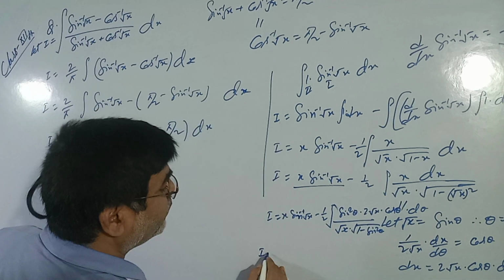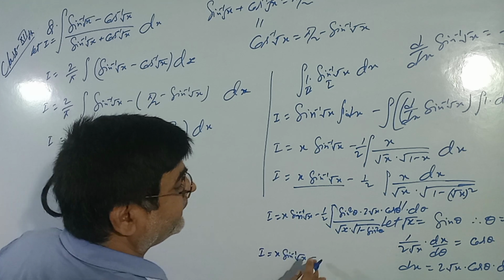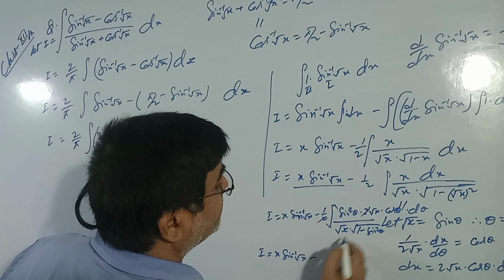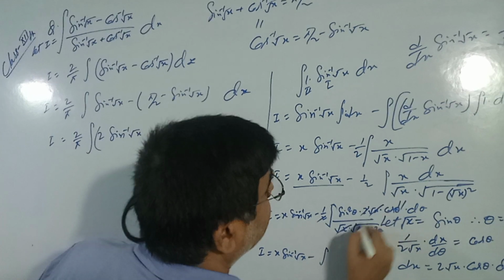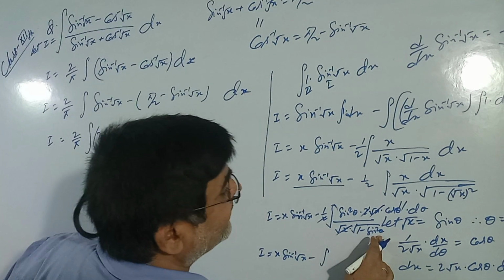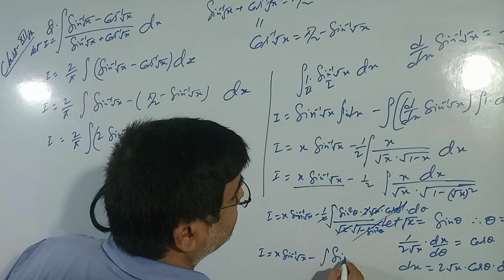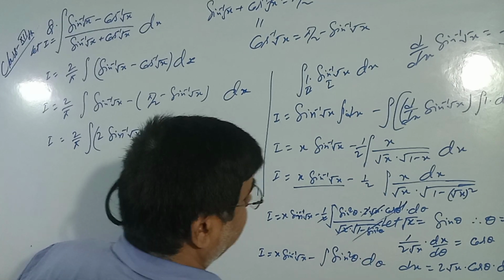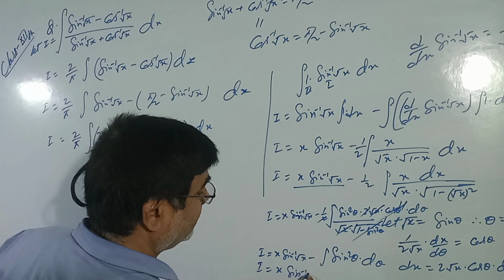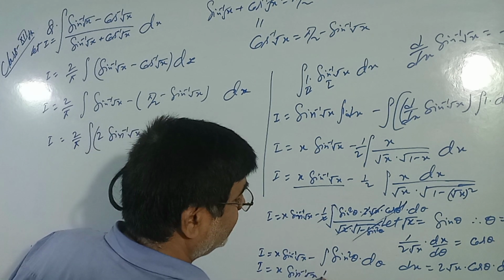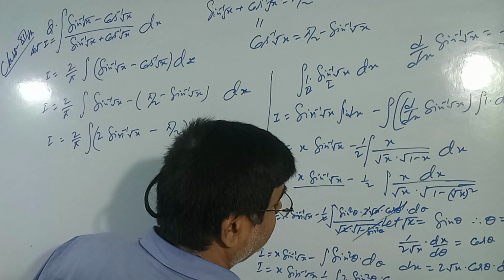So I equals x sine inverse root x minus 1 by 2, the 2 cancels, root x also cancels, 1 minus sin square theta is cos square theta, and cos theta also cancels, leaving sin square theta d theta, multiplied by 2.